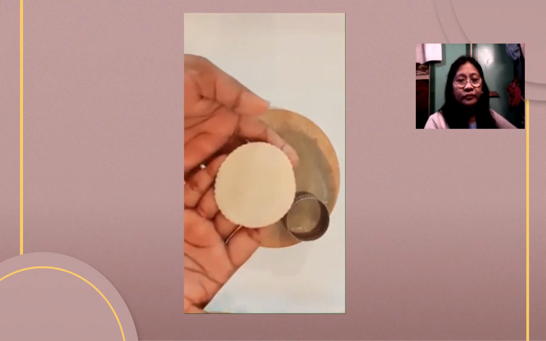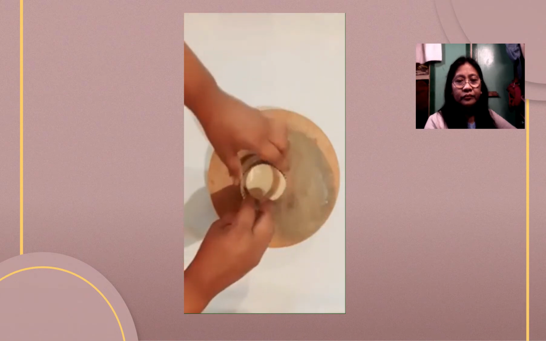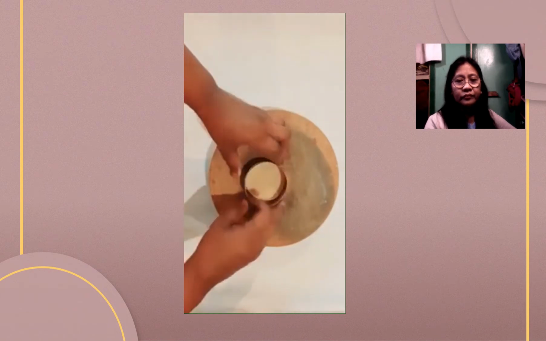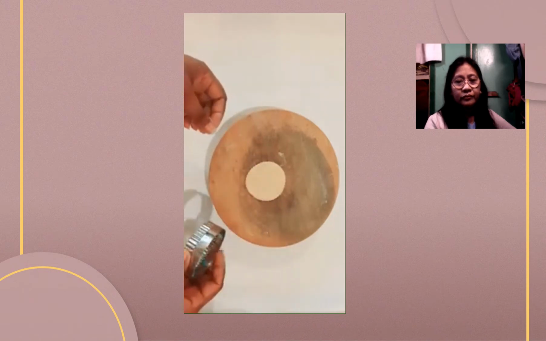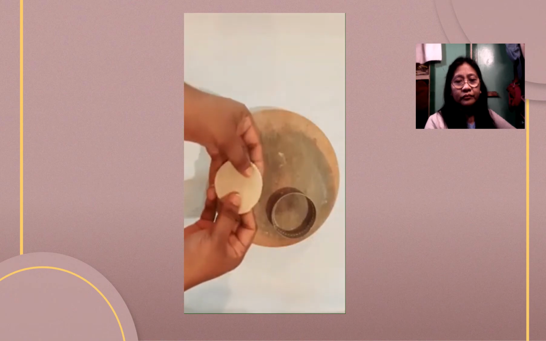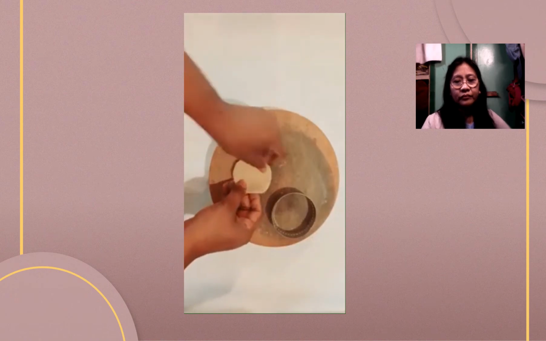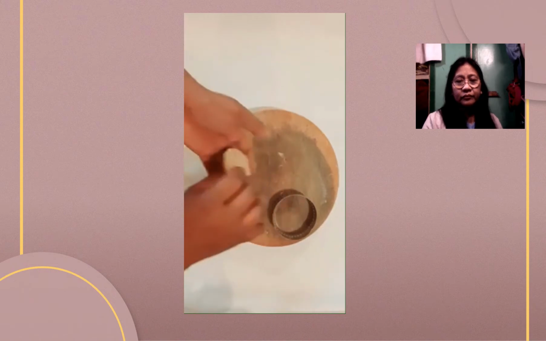Can you guess which force I have used to push down on my cookie cutter? You too can create various shapes like this. You can conduct this investigation at home using some Play-Doh.